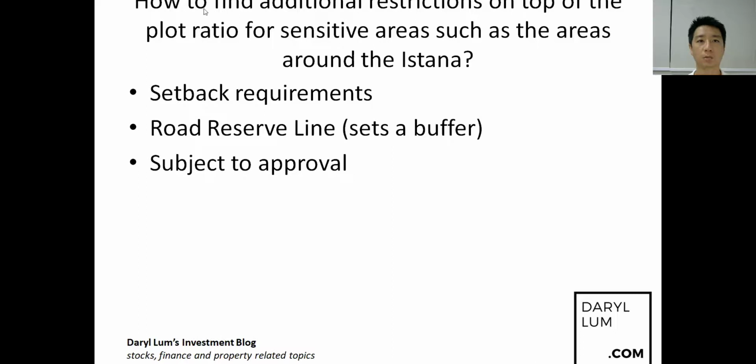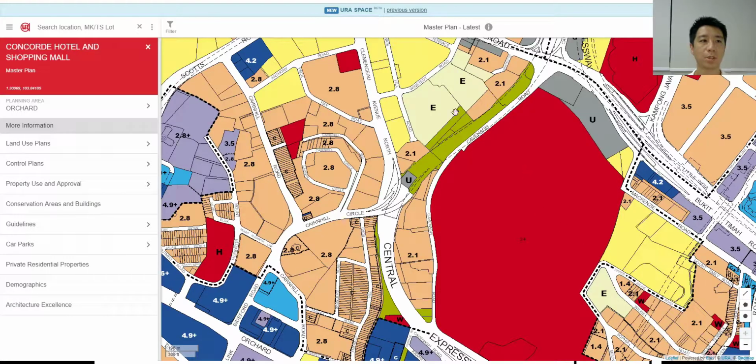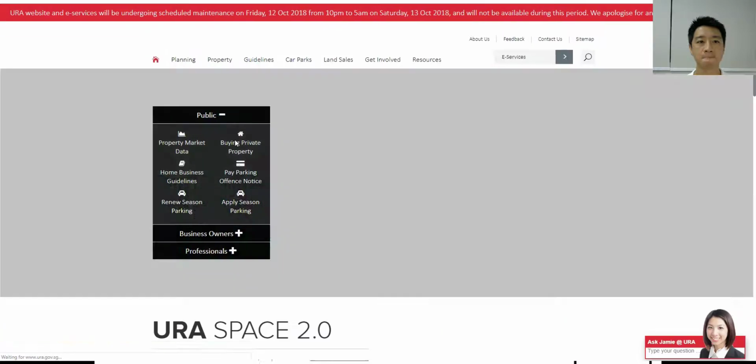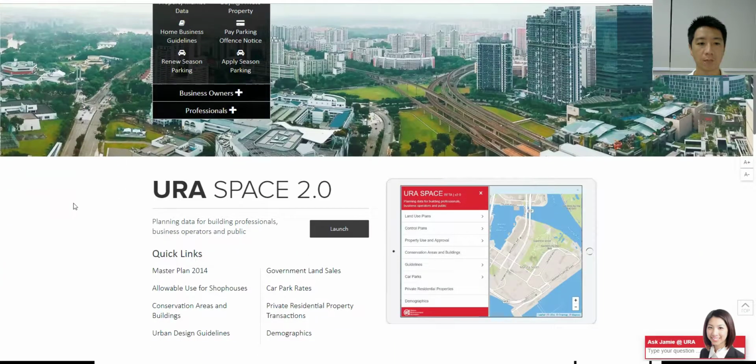So how to find additional restrictions on top of plot ratio for sensitive areas? Let's look at the Istana because it was mentioned. Okay, never mind, I'll just go from the main page. Once again, everyone, please be familiar with the URA website.